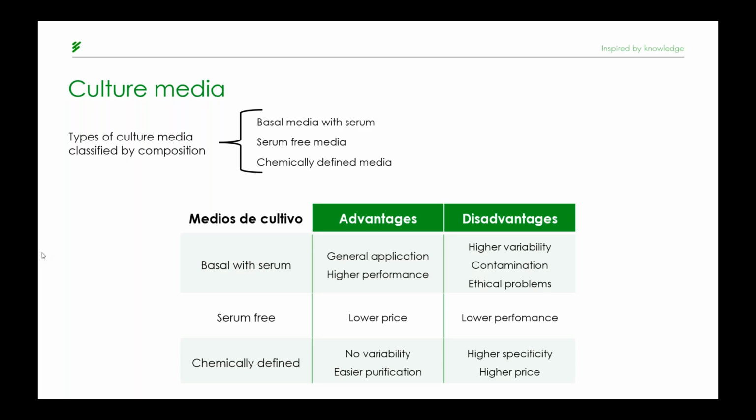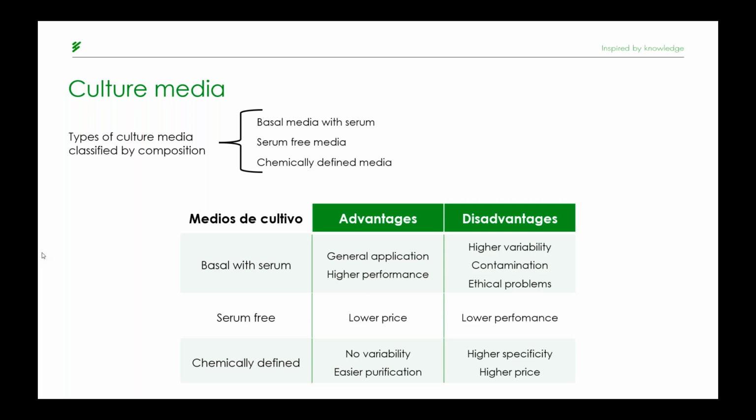It can be animal or plant source, and can be classified depending on the presence or absence of whole proteins, and if there are fragments of them, the maximum size of these fragments. The main advantage is that they don't use fetal bovine serum and have a lower price, but a serious disadvantage is that they don't usually have the same performance as the other culture media.